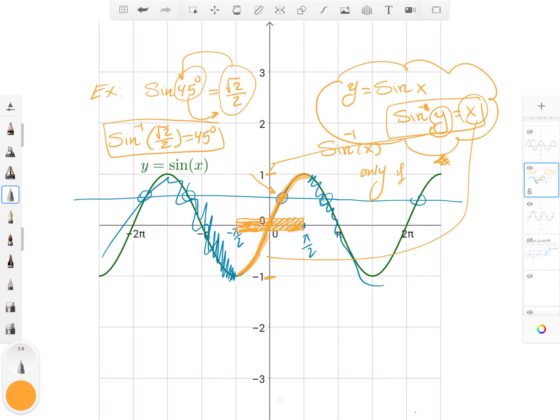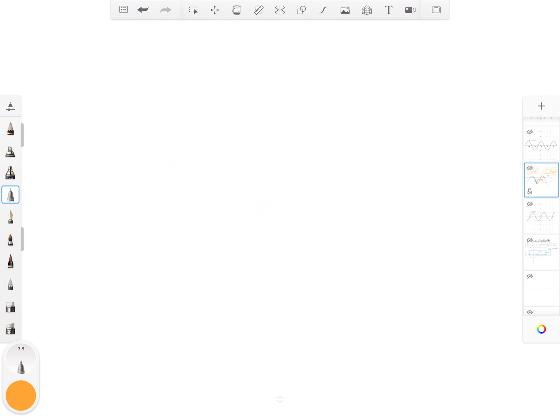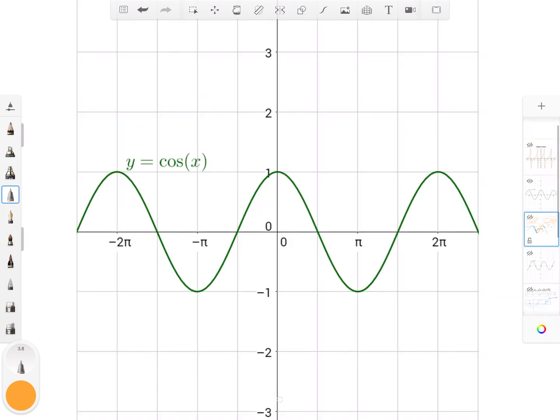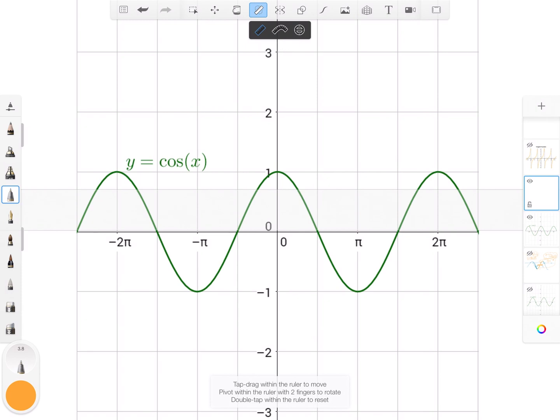Let's look at the graph of cosine. This is a graph of cosine. Horizontal line test: it crosses more than 1 point.